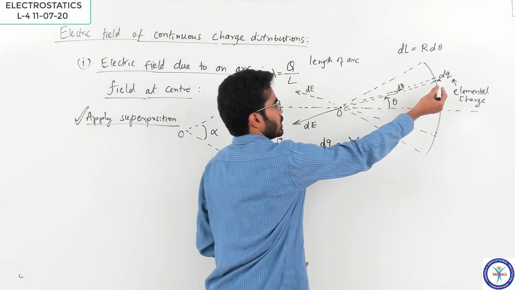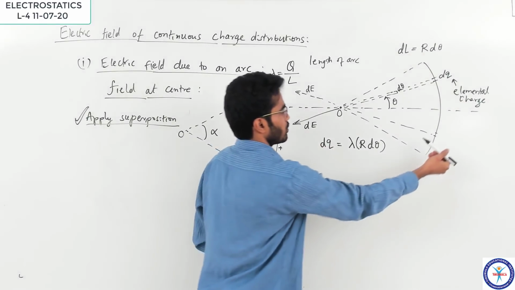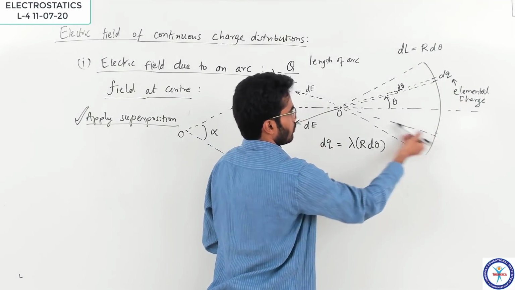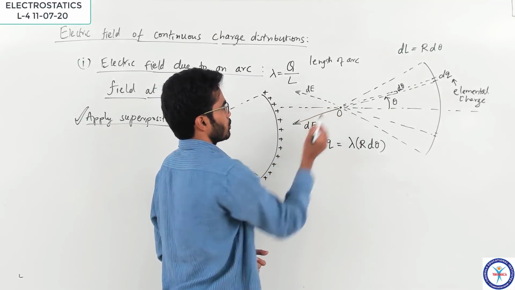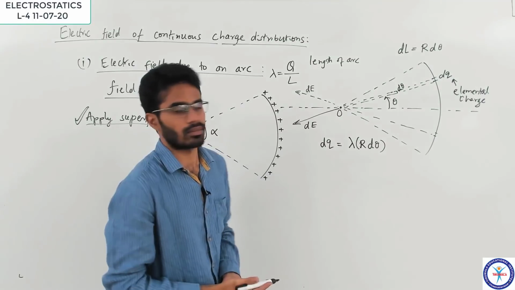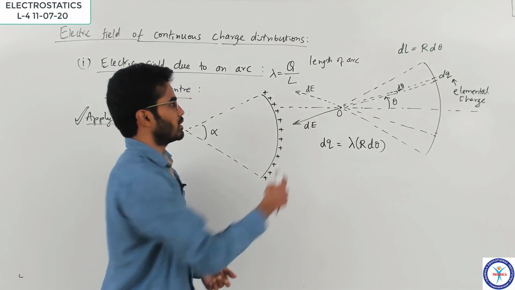So if due to this charge there is a field in this particular direction, by symmetry we know that a charge here will cause the field in this particular direction, and the value will be same because the distance is same, right?